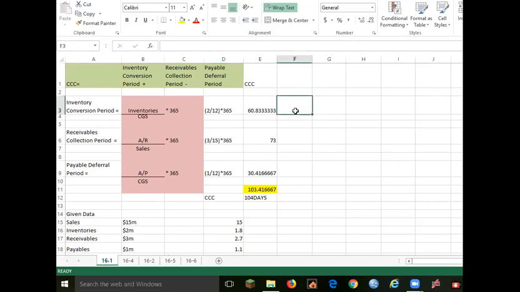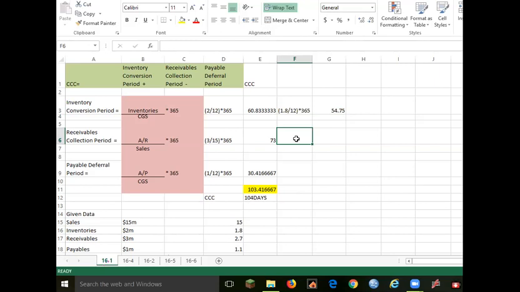Okay, the new inventory is 1.8 divided by cost of goods sold, multiplied by 365, or 54.75 days.